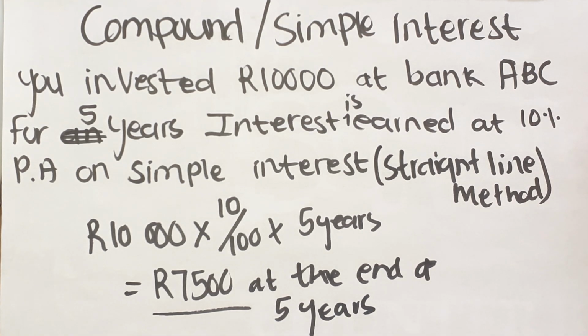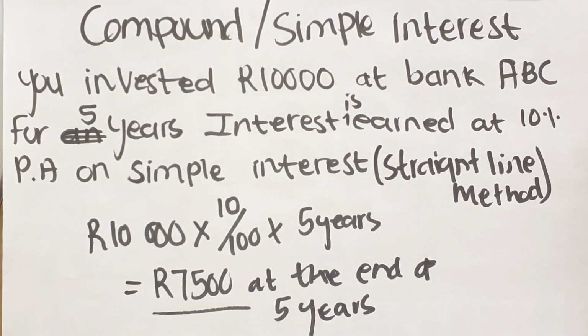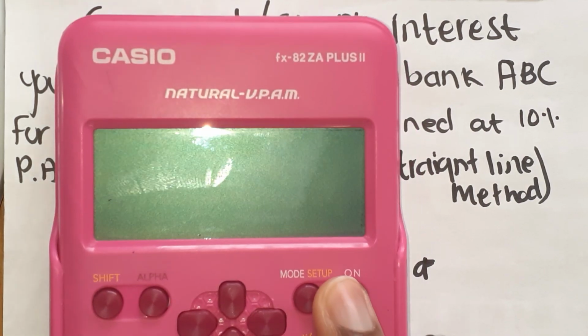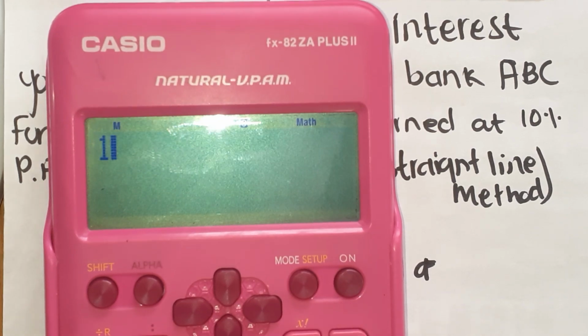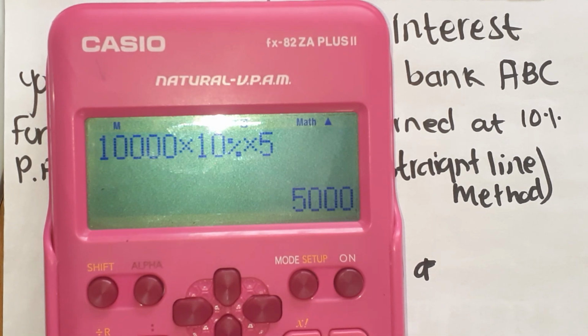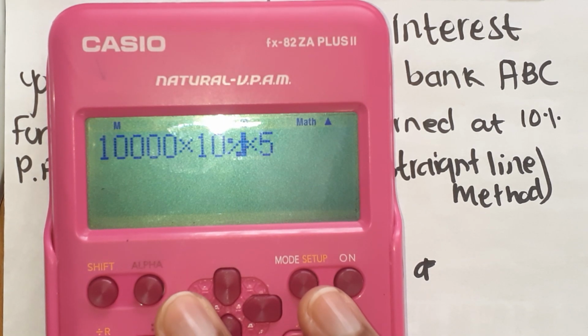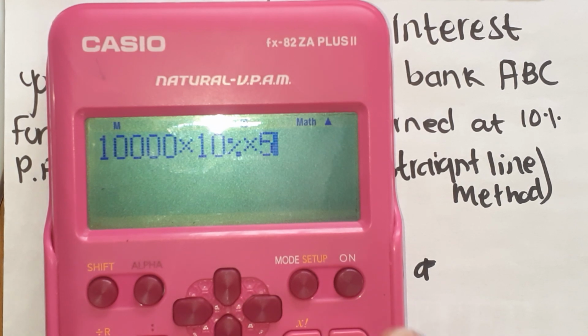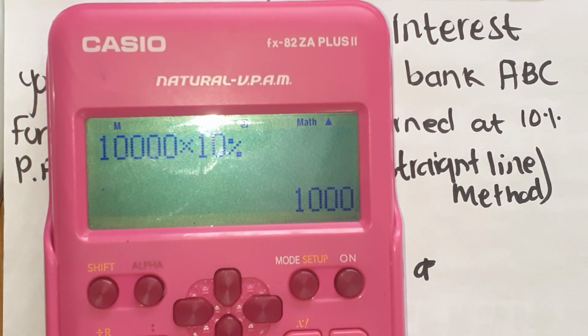So you take the amount that you invested, multiply it by the percentage, and then multiply it by the number of years in which the investment has been invested. Or you can say 10,000 rand in your calculator times 10% times 5.